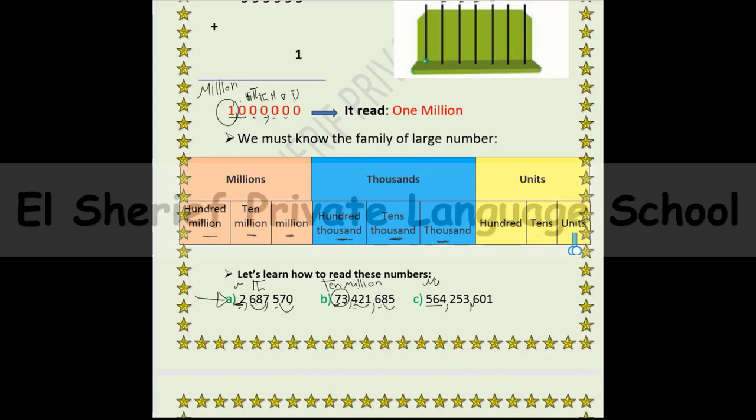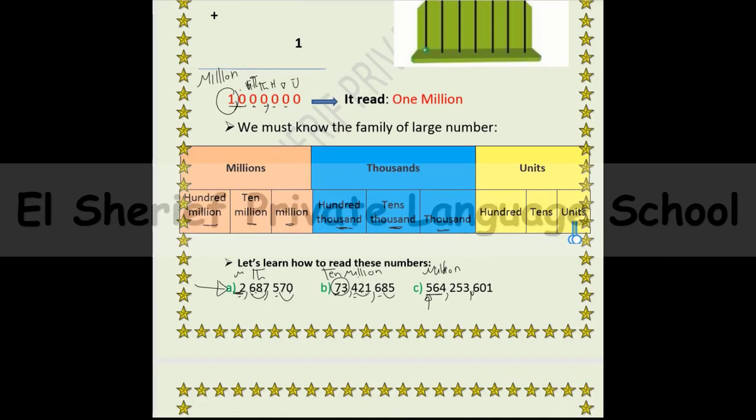Now we have 3 place values. So start from the left hand side, 565 million, remember million, 253,601.